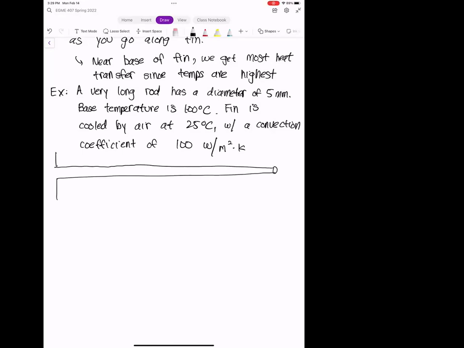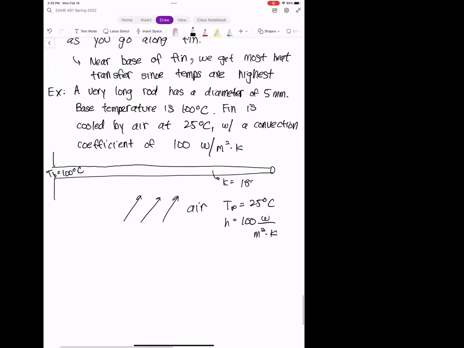It's being cooled by air, and the air has a temperature of 25 degrees C, and the h is 100 watts per meter squared K. The base temperature is 100 degrees C, and let's assume that the thermal conductivity of the rod is 180 watts per meter K. Of course, the diameter here is 5 millimeters.